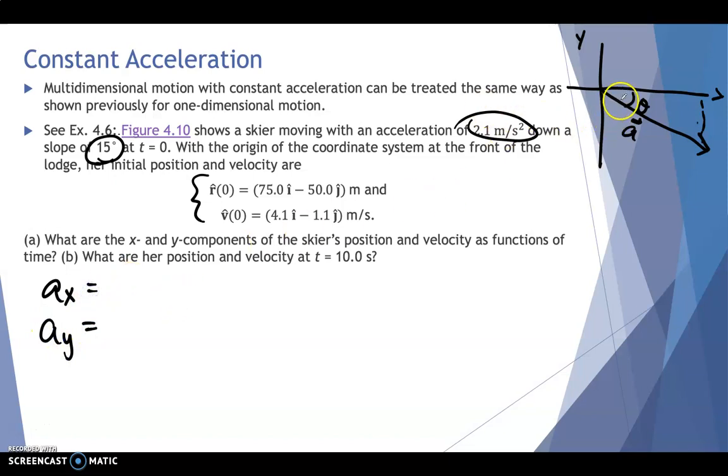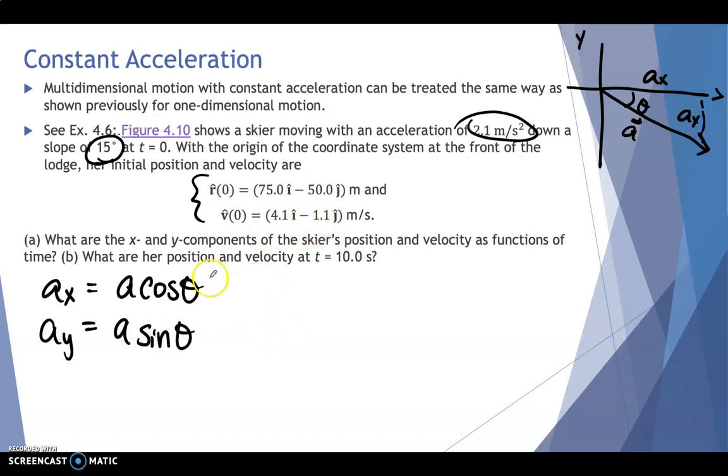Okay, so with some trig, our x component, that's going to be here, ax, and then ay will be in the y direction. Okay, this is going to be adjacent over hypotenuse, so this should be a cosine of theta, and our y is going to be opposite over hypotenuse, so a sine of theta.